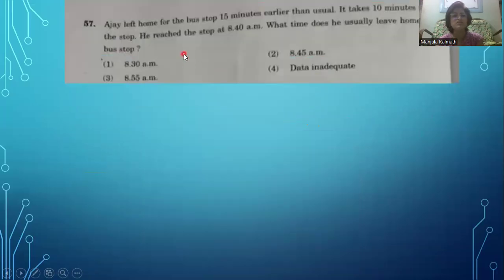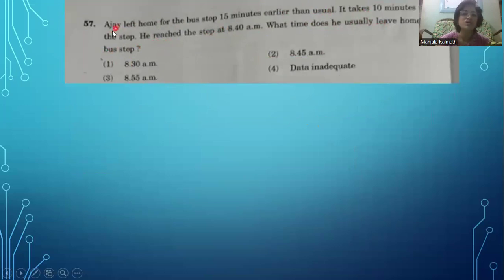The next one is: Ajay left home for the bus stop 15 minutes earlier than usual. It takes 10 minutes to reach the stop. He reached the stop at 8:40 a.m. What time does he usually leave home for the bus stop?